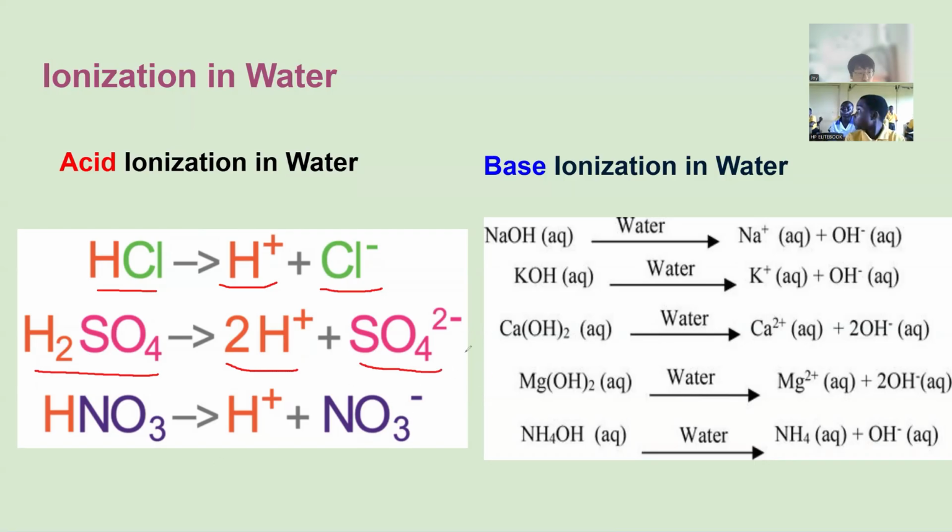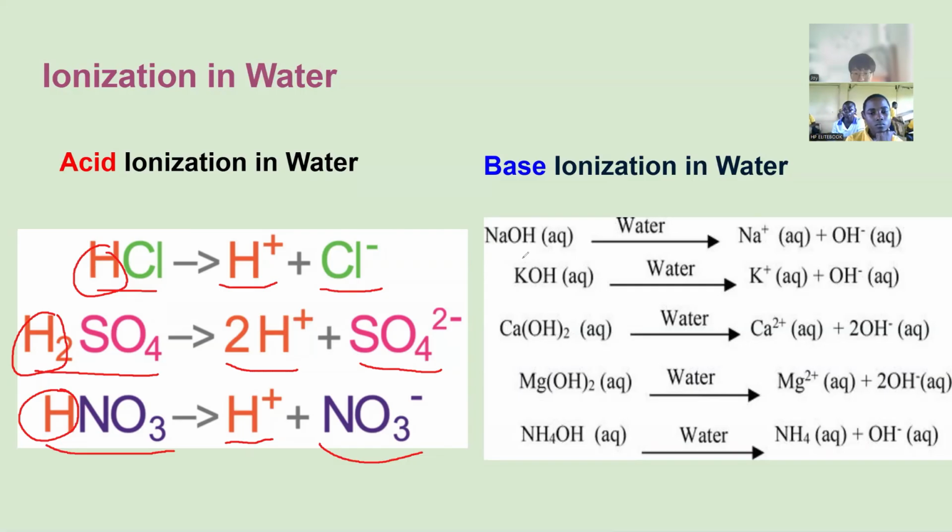So it's SO4 2 minus, and we have HNO3, just one hydrogen ion and one NO3 minus ion. So you can see that hydrogen ions are all separated when they're in water.